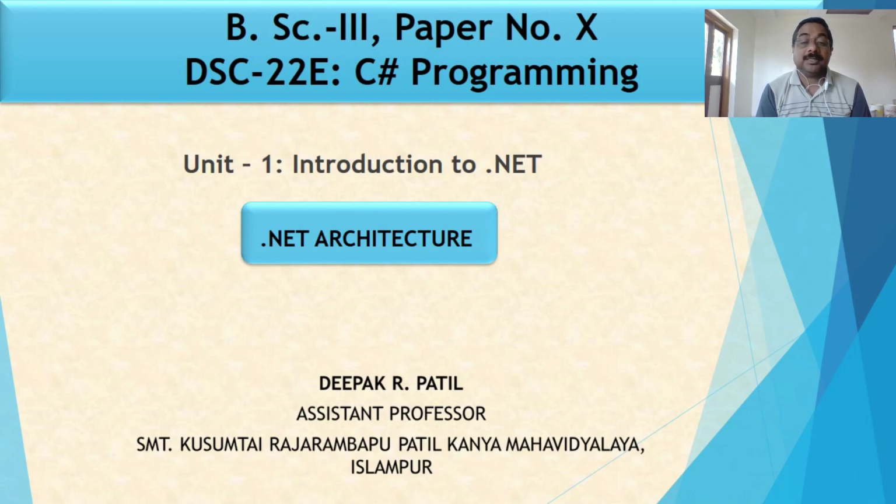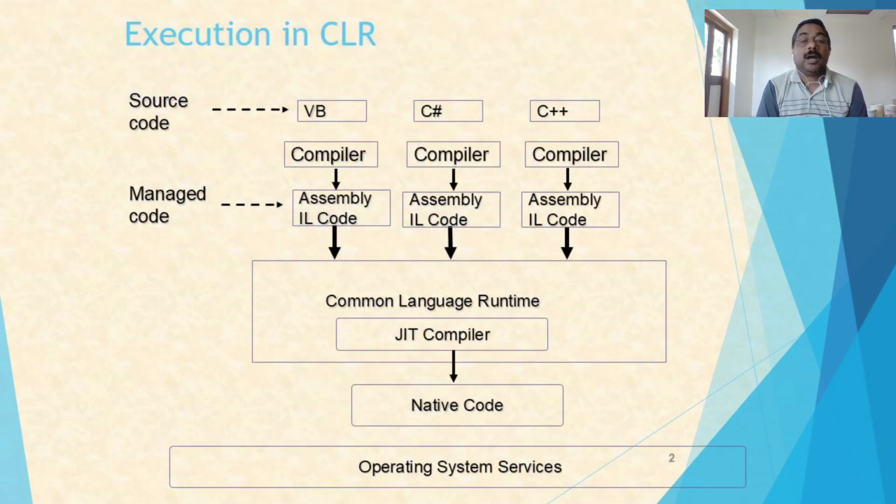Let us discuss the handling of CLR, how we can execute the code in the Common Language Runtime. Here you can see the diagram of Common Language Runtime. The execution will be held as follows.